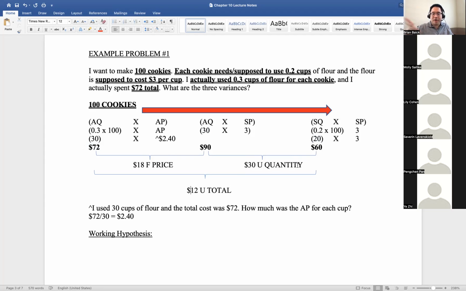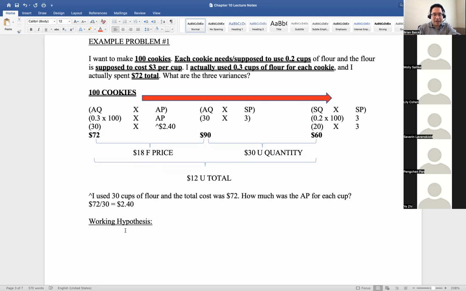You used too much flour, so you spent $30 extra money, right? But flour is supposed to cost, standard price is $3, but actually it costs $2.40. Wow. So flour is supposed to cost $3, but actually we spent less money to buy the flour. That's good, right? So we saved $18. That's a favorable variance because the price is so good. See?